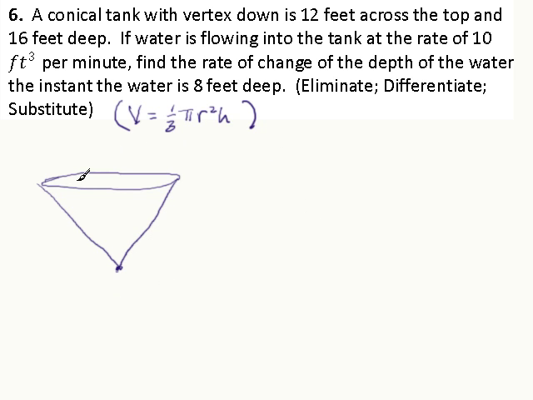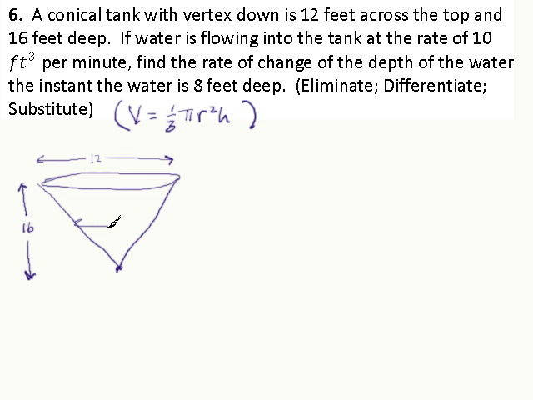It is 12 feet across the top, so from here to here it's 12, and 16 feet deep, so that would be 16. This tank is being filled with water at the rate of 10 cubic feet per minute.